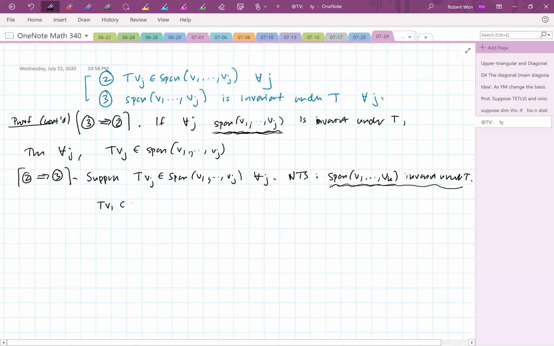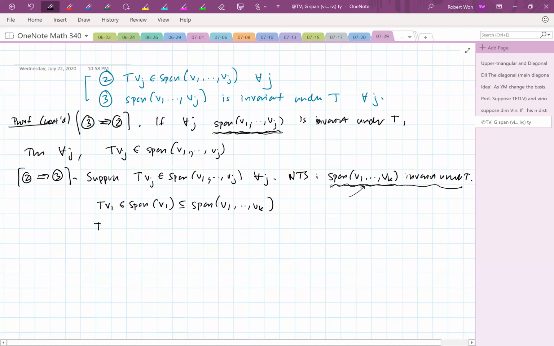So I'm assuming that T of V1 ends up in span V1. But span V1 is certainly a subset of span V1 up through Vk. In other words, if I take V1 and apply T, V1 living in this subspace, I end up back in the subspace.